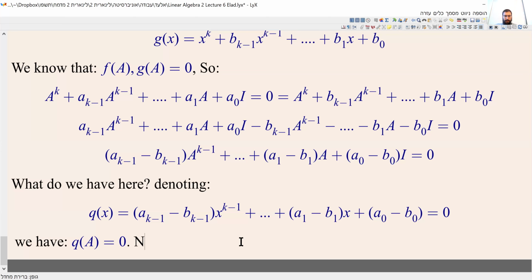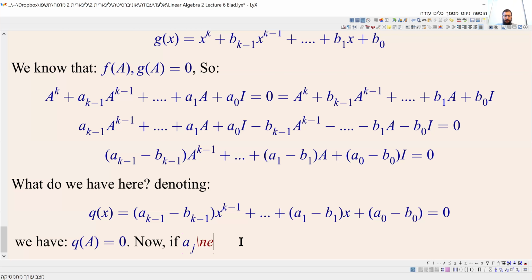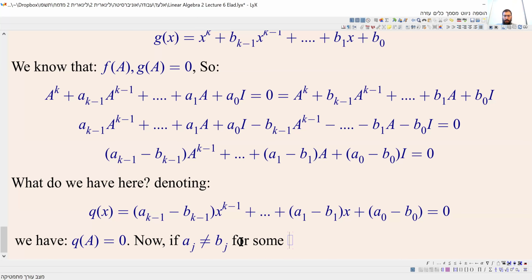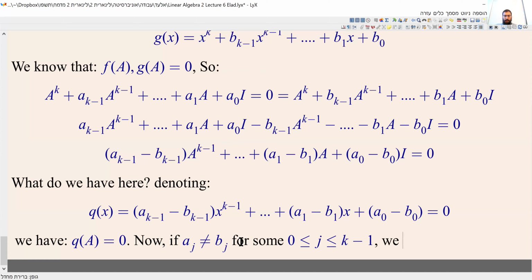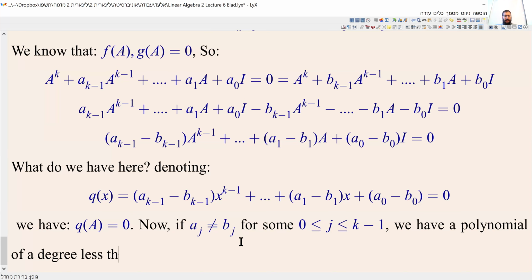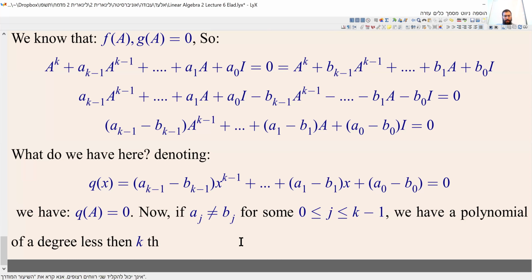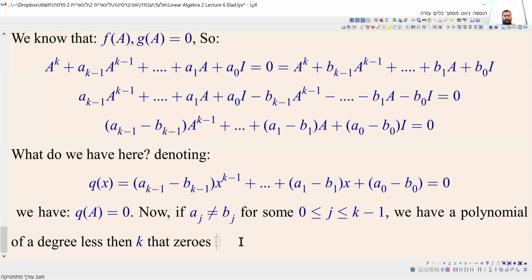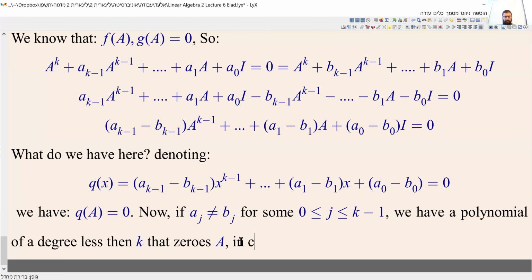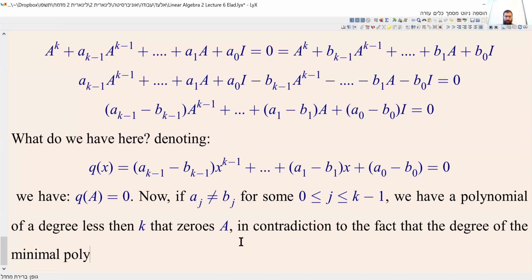Now, if a_j is not b_j for some j between 0 and k minus 1, we have a polynomial of degree less than k, because the maximum is k minus 1, that zeros A, in contradiction to the fact that the degree of the minimal polynomial is k.